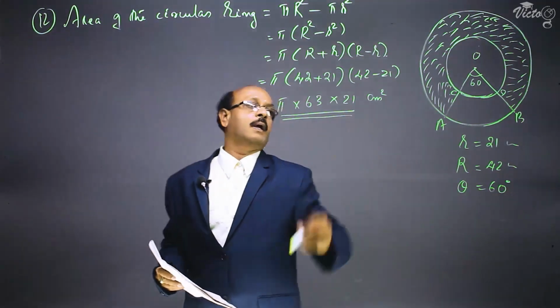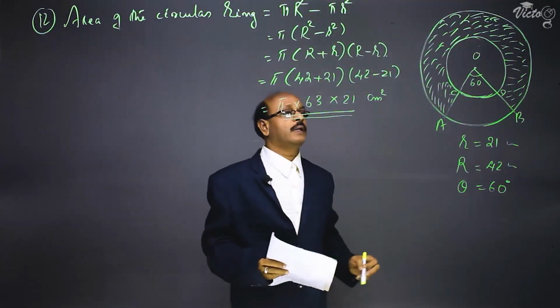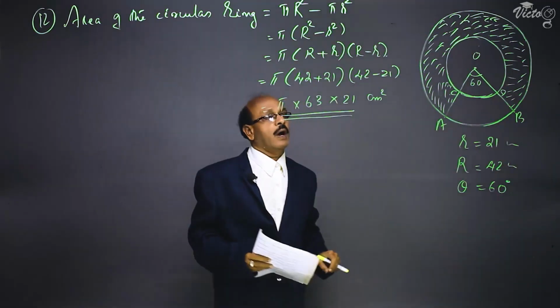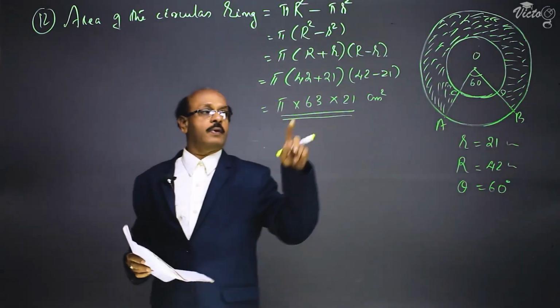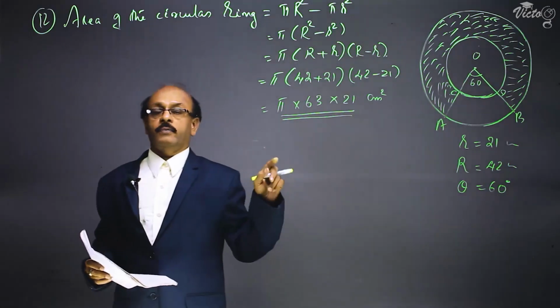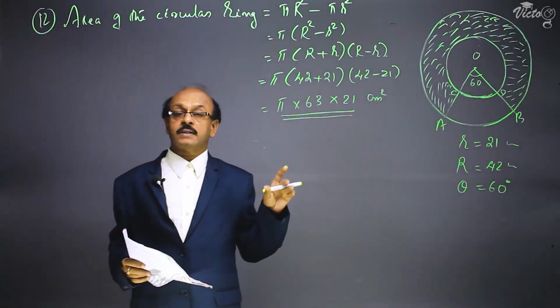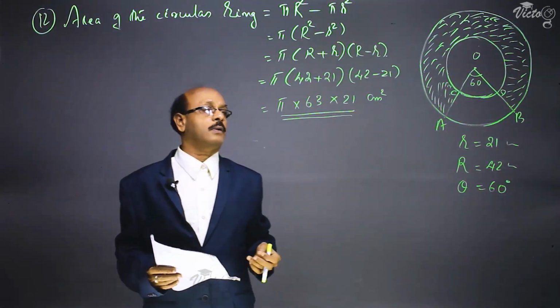Now we want to find out the area of the unshaded portion. For that, we have to subtract the area of the minor sector from the area of the larger sector.